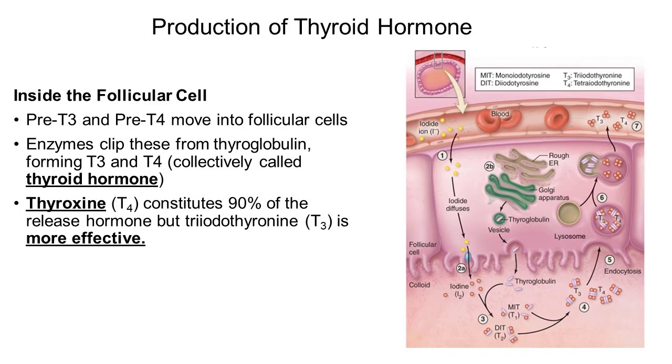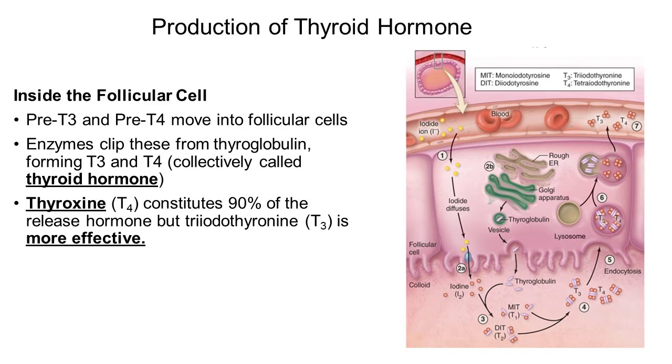Now, don't get confused, because T4 is the end product. 90% of what's produced is T4. 10% of what's produced is T3. But T3 is way more effective, bioactive-wise. So T3 is the business end of what the thyroid produces.